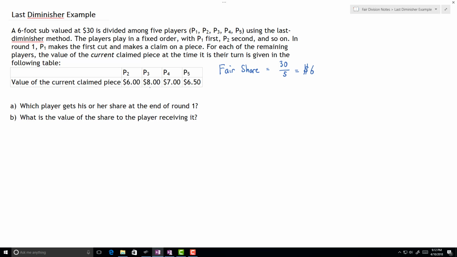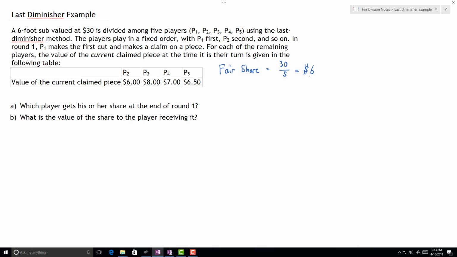Person 2 trimmed it, so now person 3 sees the freshly trimmed piece, and they think it has an $8 value. Maybe it has more pepperoni, whatever they like. Since that's more than a fair share, because 8 is bigger than 6, person 3 would claim it. They would trim it to what they view as $6, and then person 4 gets the option.